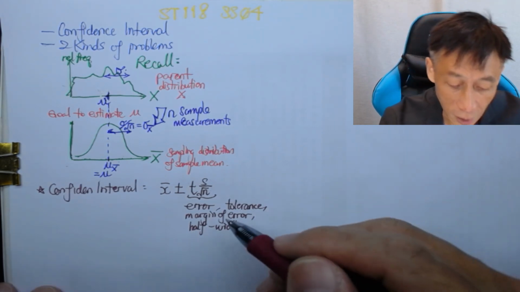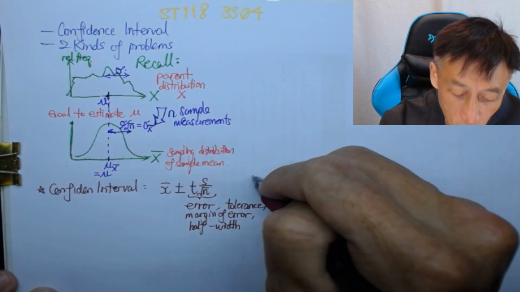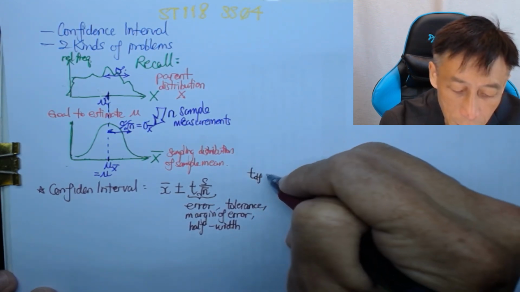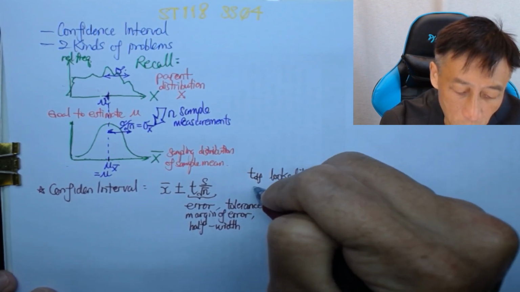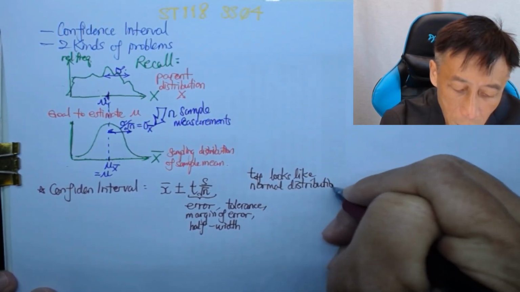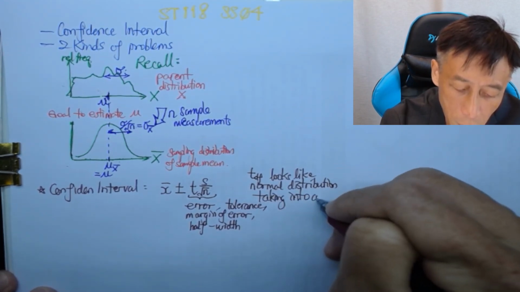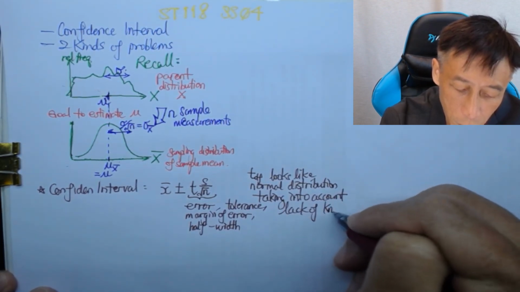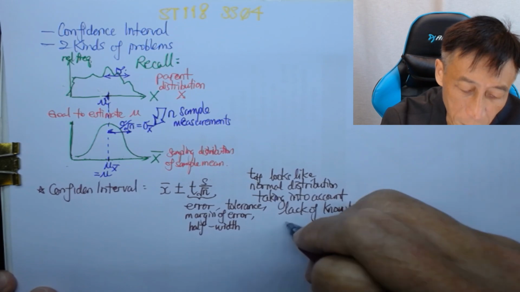But suffice it to say that for t to happen, t degree of freedom, right, looks like a bell curve, normal distribution, and it is taking into account the lack of knowledge of sigma.